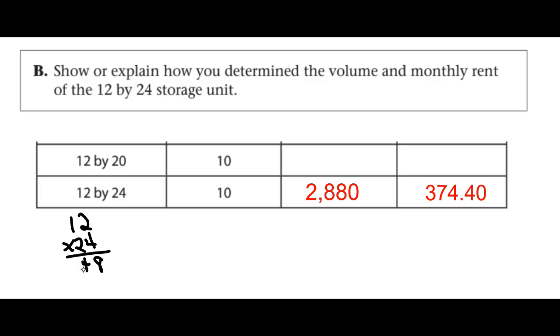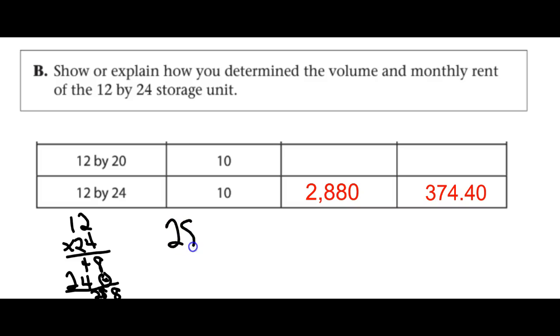So for our first line, we would have 48, then our placeholder 0, and 4 and 2, and we would get 288 square feet for the floor of the storage unit.